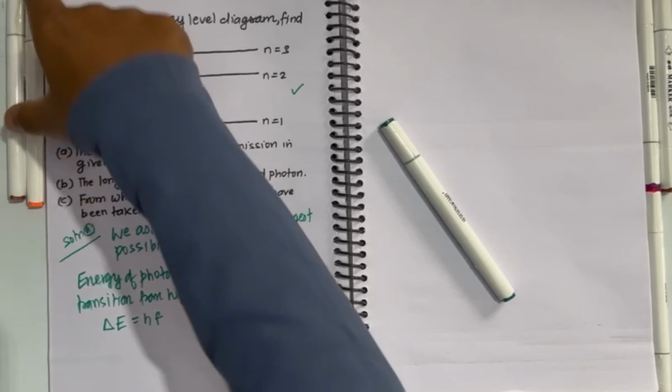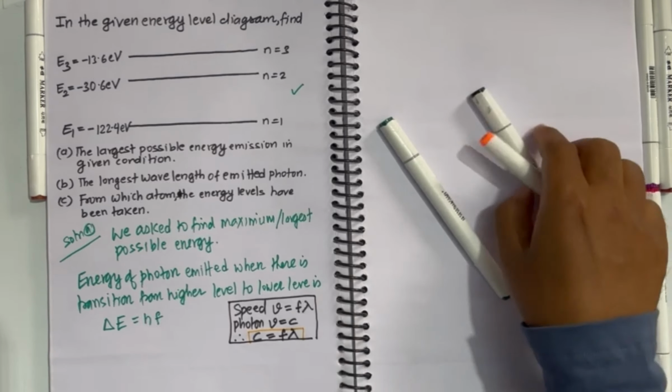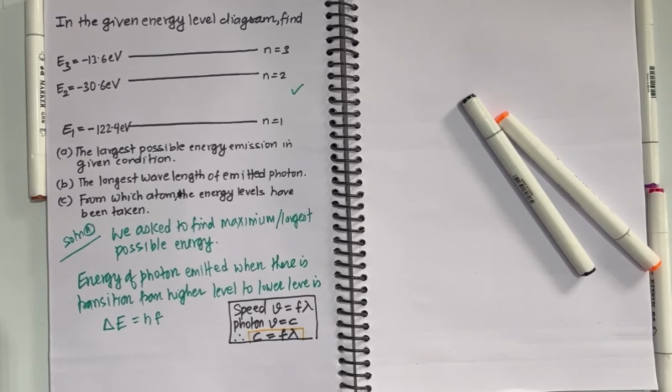Now we are going to put the value of frequency in terms of C, that is speed of photon, in this equation. So we can write delta E equals h times frequency, and frequency is C by lambda. So we can write delta E equals hc by lambda.